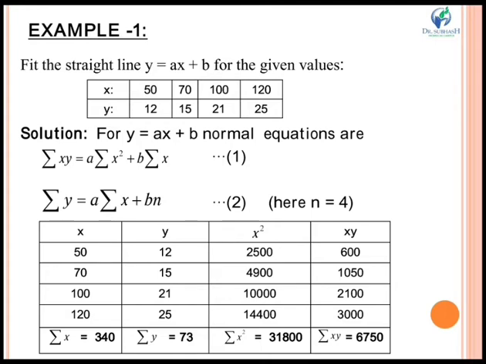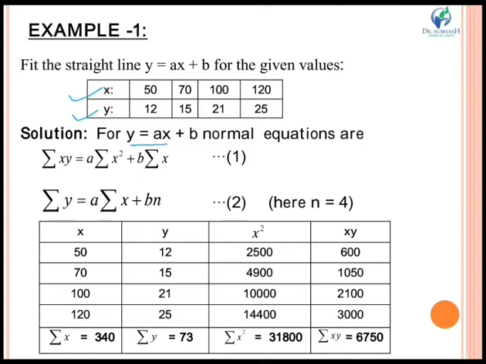Example 1. Fit the straight line y equal to ax plus b for the given values. Here we are given values of x and y. X is 50, 70, 100, 120, and y is 12, 15, 21 and 25. Now here our equation given for the straight line is y equal to ax plus b.